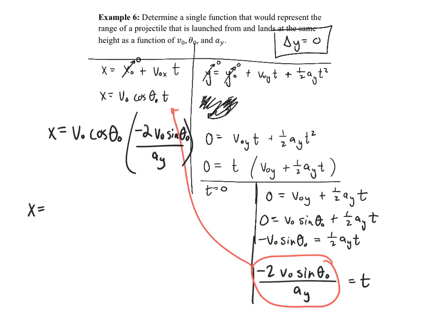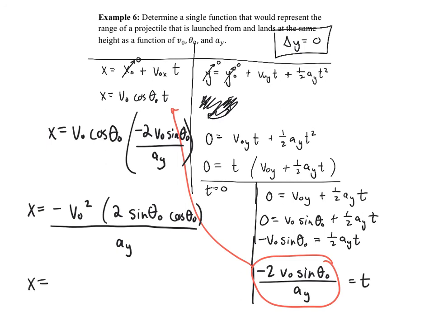So it becomes the following. Actually, let me write it differently. Hold on. Let's write it as negative V0 squared times 2 sine theta 0 cosine theta 0 all over AY.